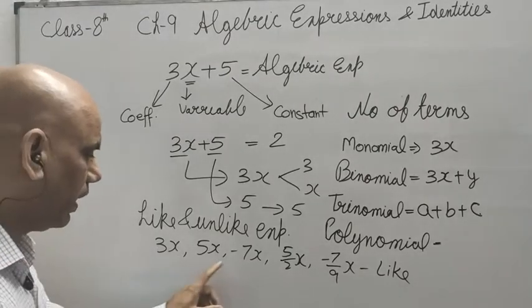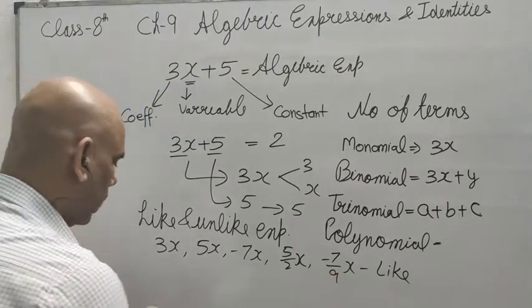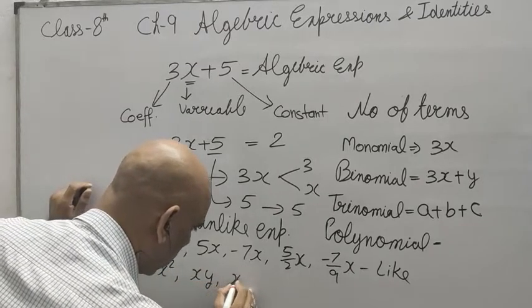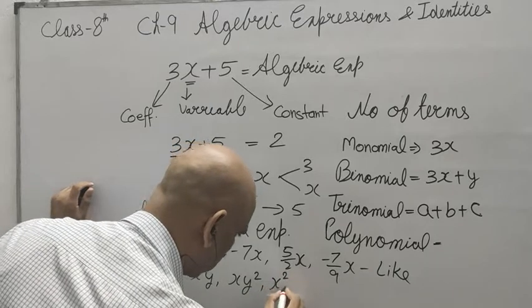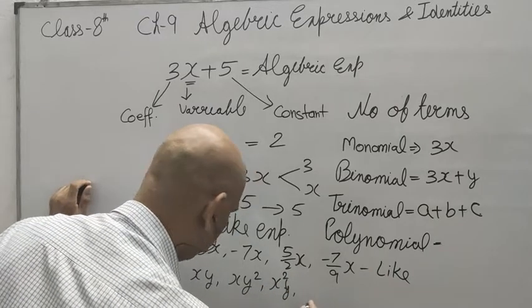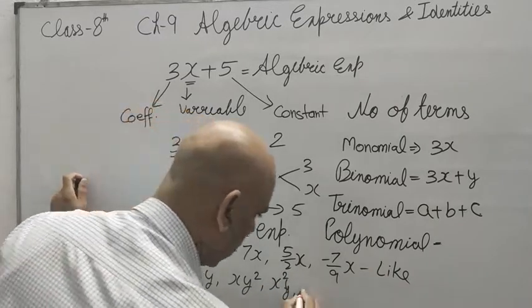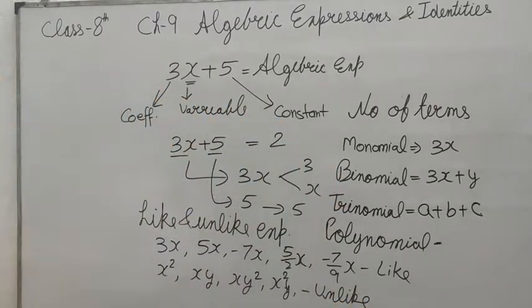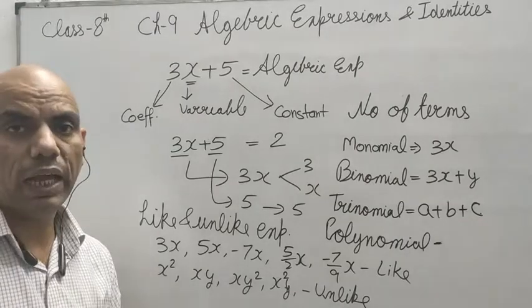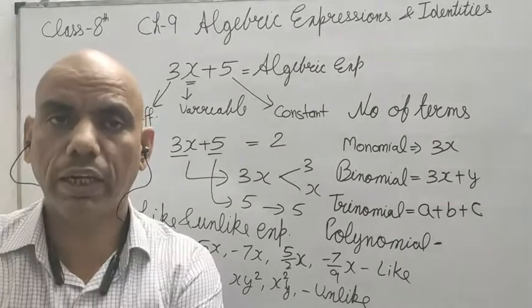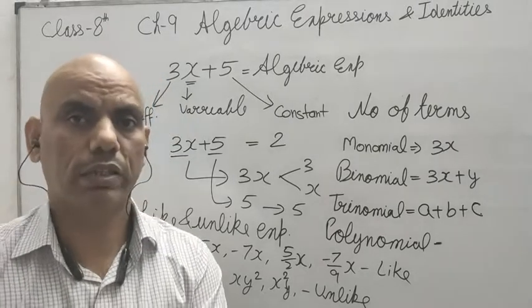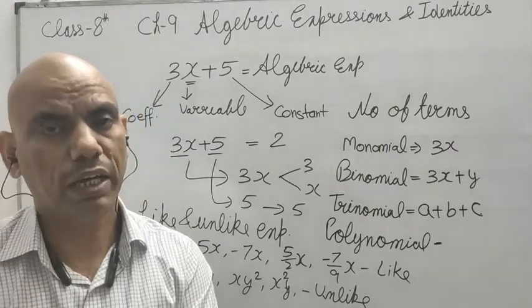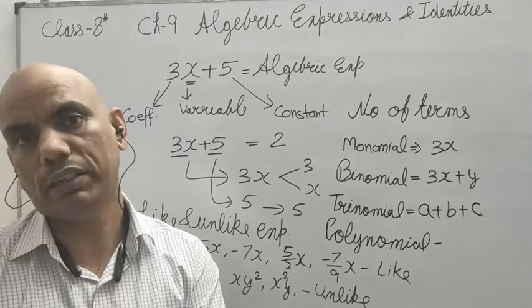So if the variable used is same, they all will be called like. But x square, xy, xy square, x square y, all these are unlike, because these are using different variables. And in like and unlike, all the like expressions can be added and subtracted, while the unlike expressions cannot be added and subtracted.